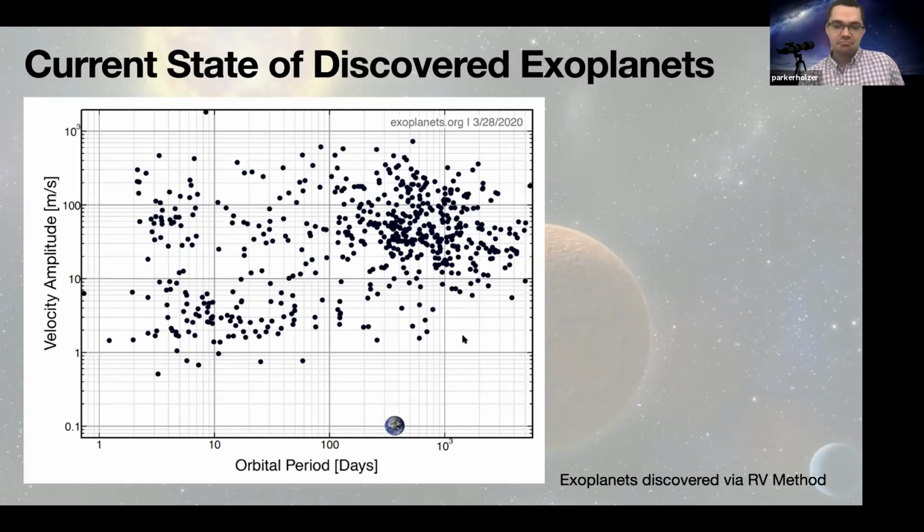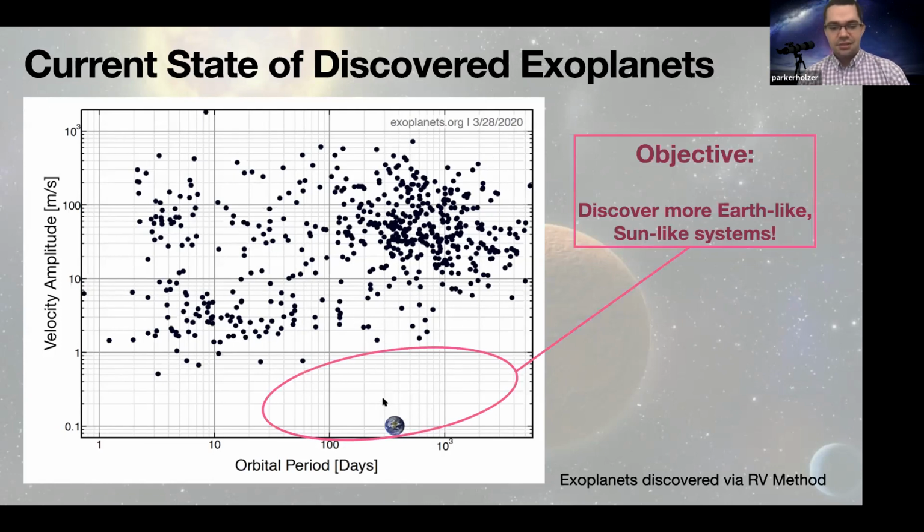And you can see that there have been a lot, at least as far as March earlier this year. And that's great. But when you look at where the Earth would lie on this plot, down here at about 365 days and about 10 centimeters per second, you see that there is an obvious gap here, that we really haven't gotten to Earth-like exoplanets around Sun-like stars.